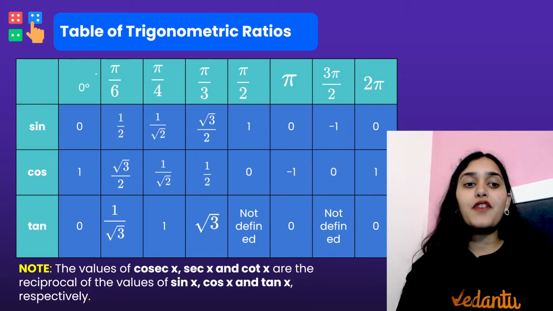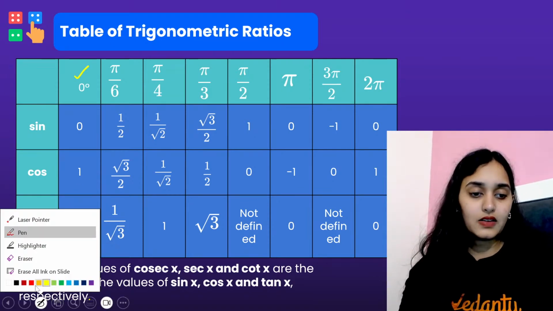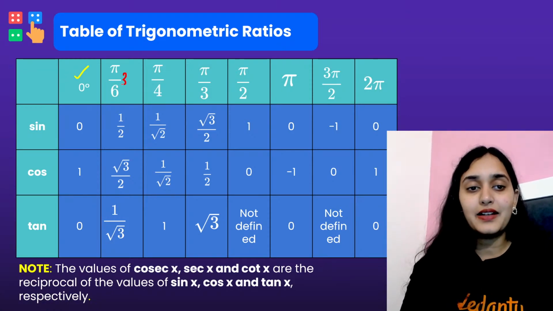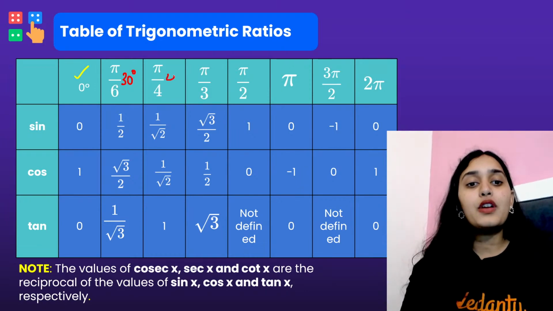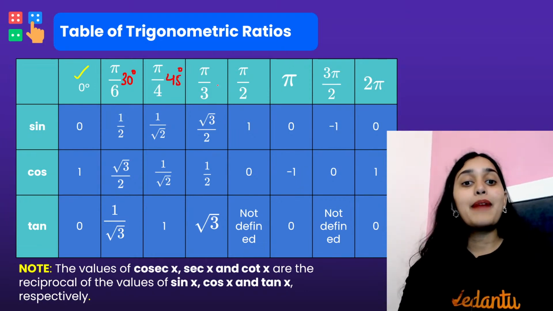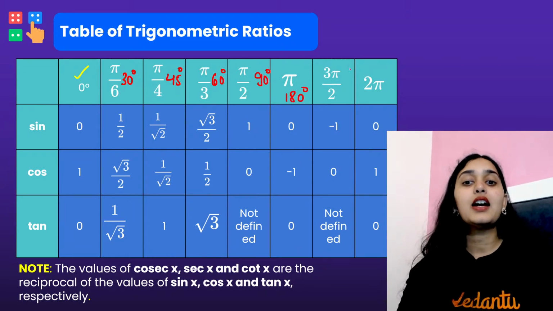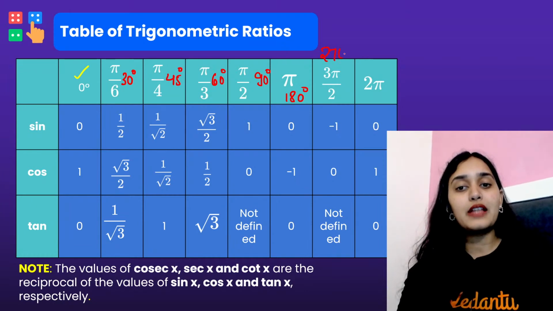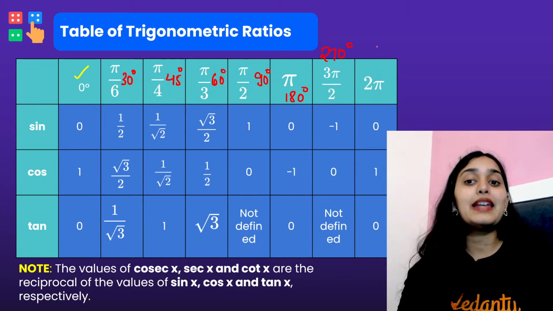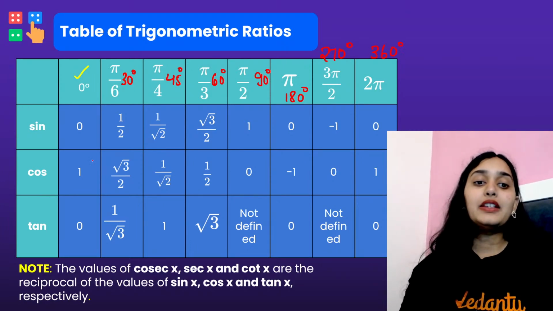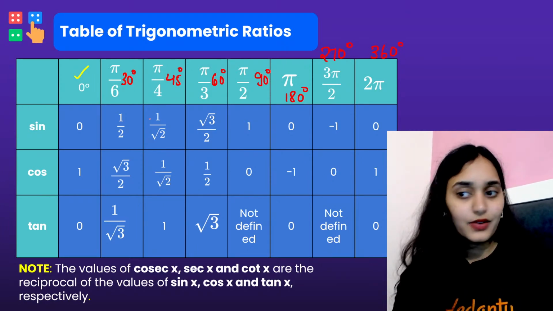Okay, so first comes 0 degree, then pi by 6 is 30 degree, pi by 4 is 45 degree, pi by 3 is 60 degree, pi by 2 is 90 degree, pi is 180 degree, 3 pi by 2 is 270 degree, and 2 pi is 360 degree. Okay, now these are the corresponding values given over here.